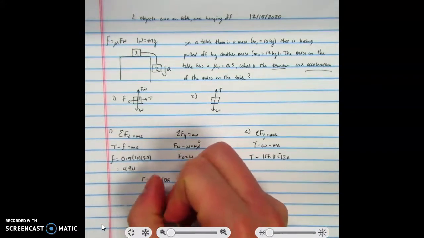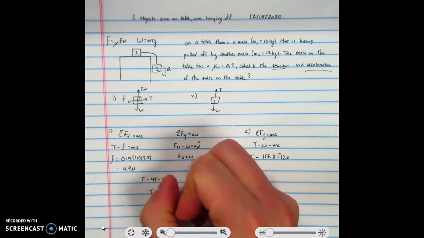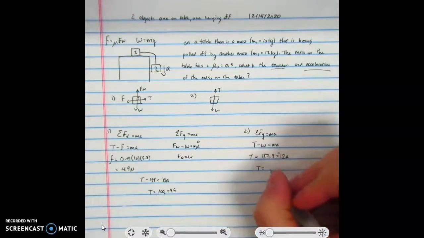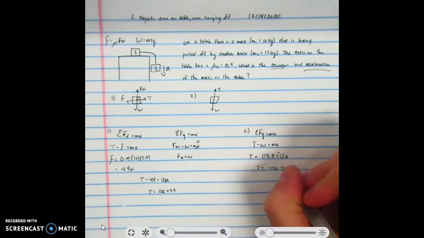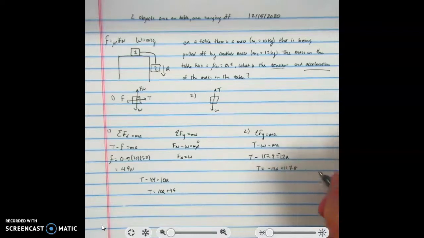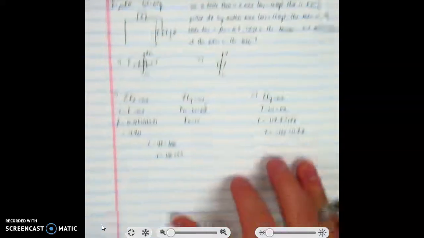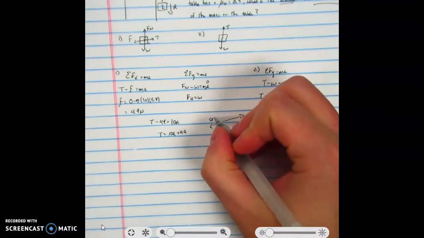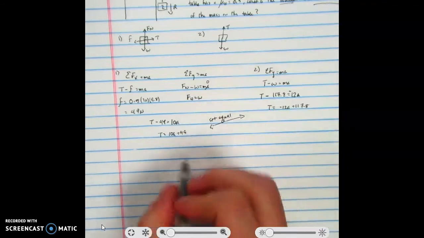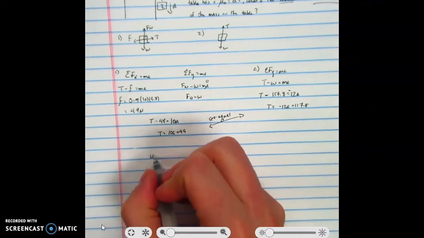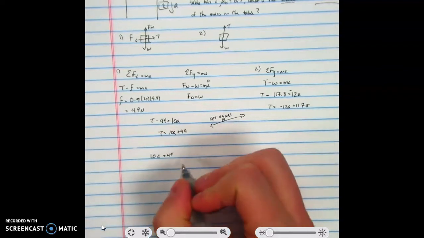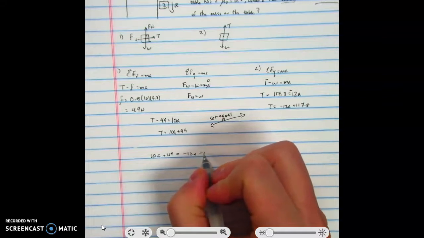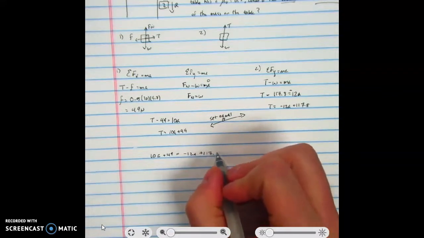For this one, tension is equal to 10a plus 49. And for here, tension is equal to negative 12a plus 117.8. So we're going to set these two equal via the tension. This gives me 10a plus 49 equals negative 12a plus 117.8.